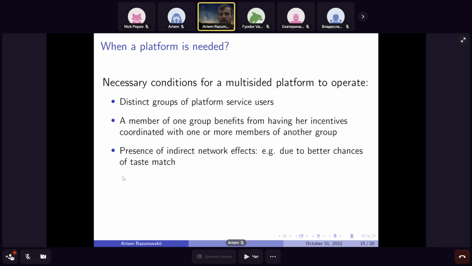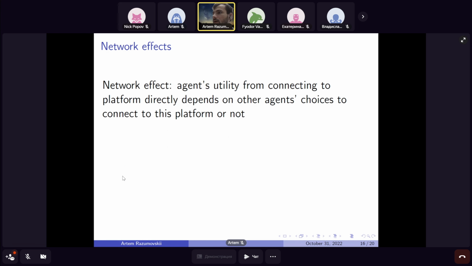So if one buyer joins Avito, all the sellers on the other side benefit from this because they can find a better match or sell something else to these buyers, and these are the network effects.